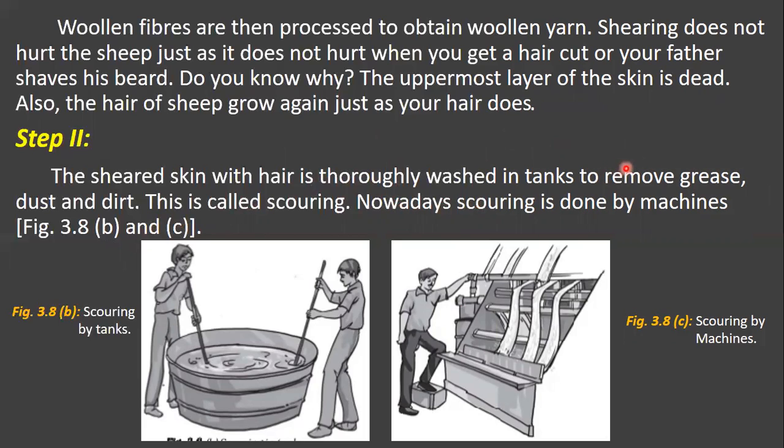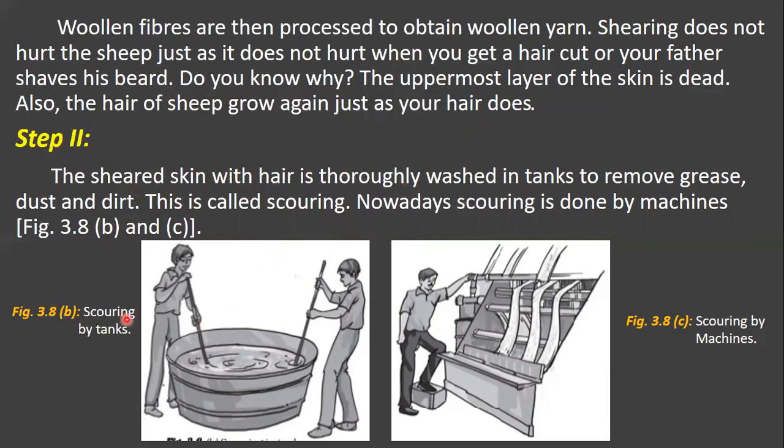It is an animal fat, children. To remove the grease, dust and dirt, it is thoroughly washed in tanks, and this is called scouring. Nowadays scouring is done by machines.